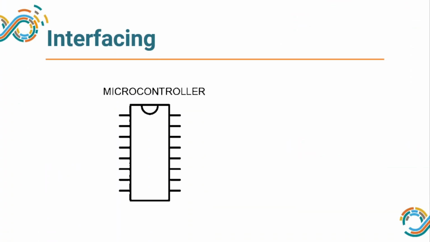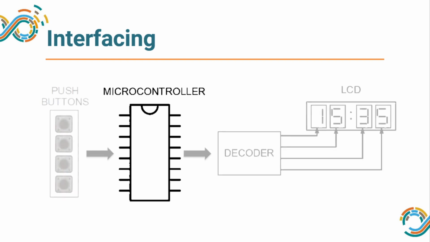There is a very important aspect in every microcontroller based system design, and that is called interfacing. Interfacing means how you are going to connect different external devices, components, or even a similar microcontroller to a given microcontroller.